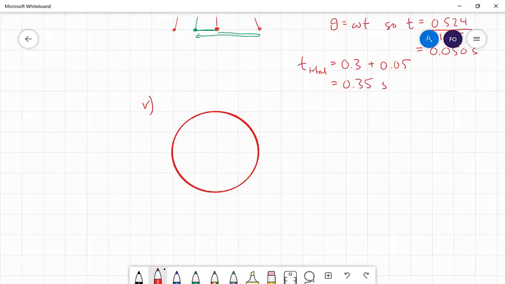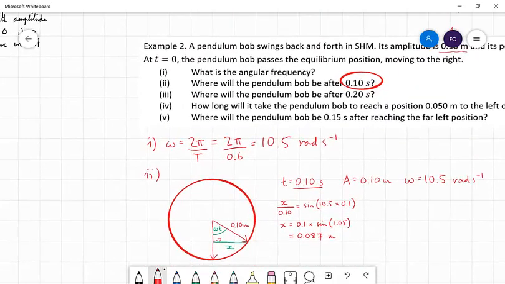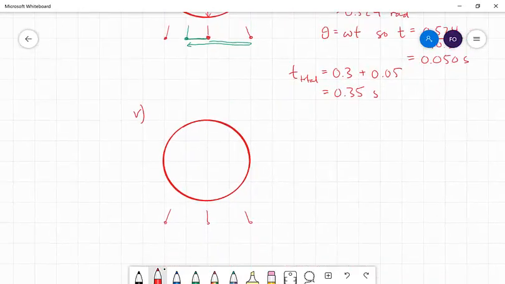Okay, so now we're interested in where it will be 0.15 seconds after reaching the far left position. So now we're interested in where it will be after being at this position. So we're going to have our starting phasor here now, and we're going to go 0.15 seconds later.